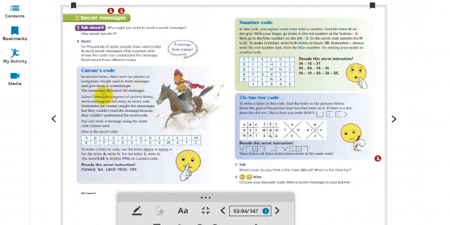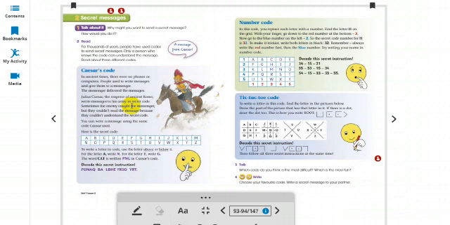Now Julius Caesar, who he was, as you can see in the picture, he was the emperor of ancient Rome. And he used to write messages to his army in secret code, to make the army people aware of what's happening around them and what is going to happen next. Who is the emperor of ancient Rome? Julius Caesar. So he used to send secret codes.